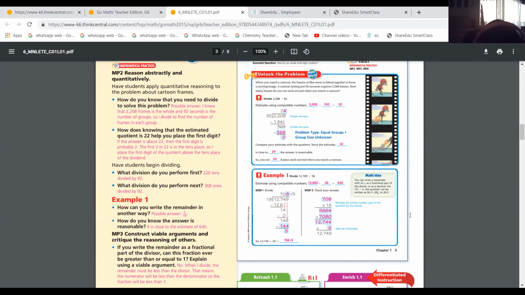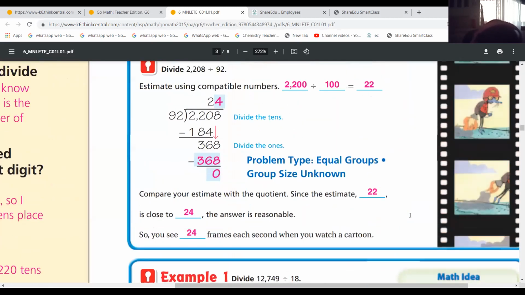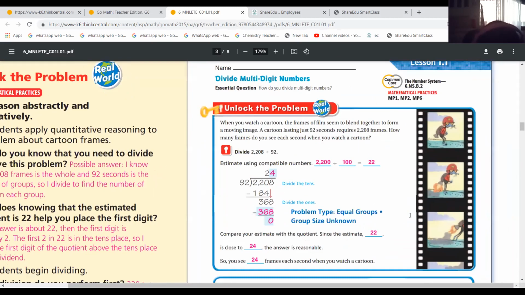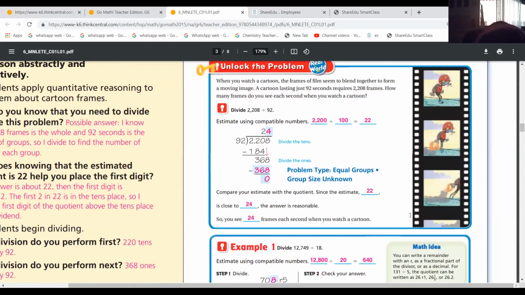They have shown you how it is. They have estimated it. They have estimated it because, as you know, when you round 2208 it becomes 2200, and 92 becomes 100. You can use compatible numbers, it's 22. Girls, estimation is not that important. Focus more on division here, okay?